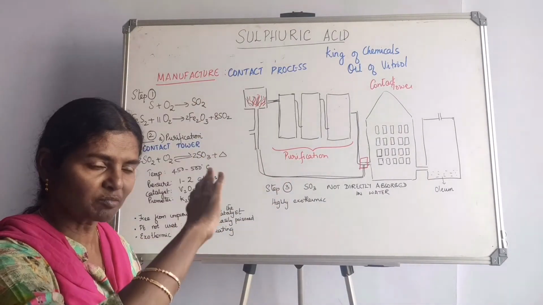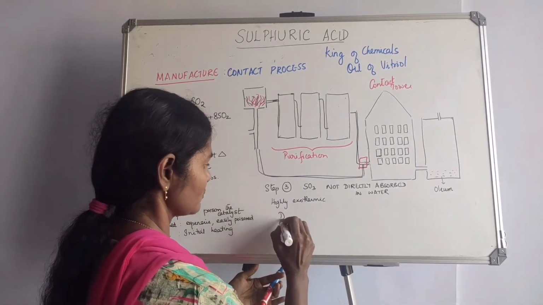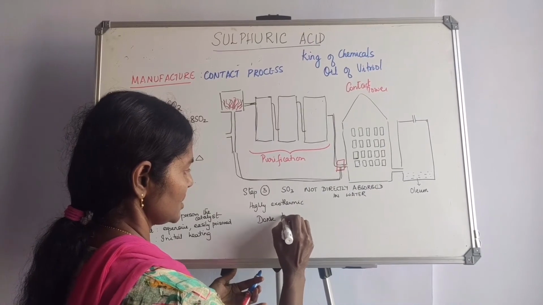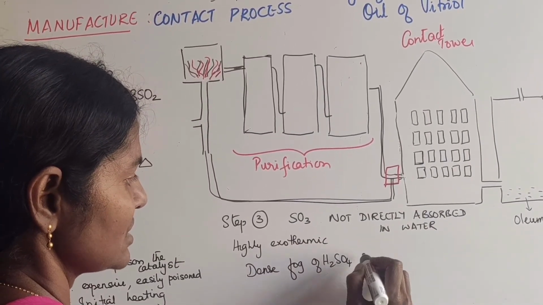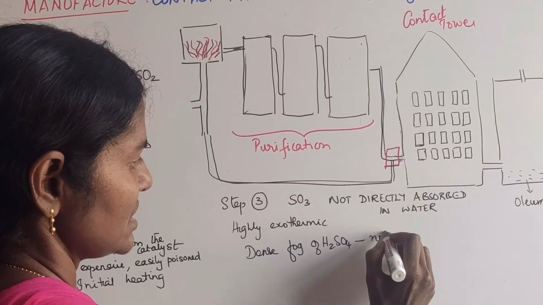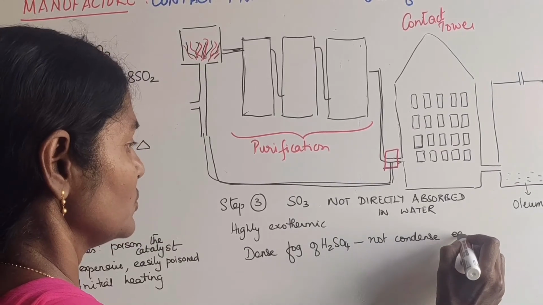So it would not condense easily, but it will just form a dense fog of sulfuric acid, which will not condense easily. So now we have to go through two routes.